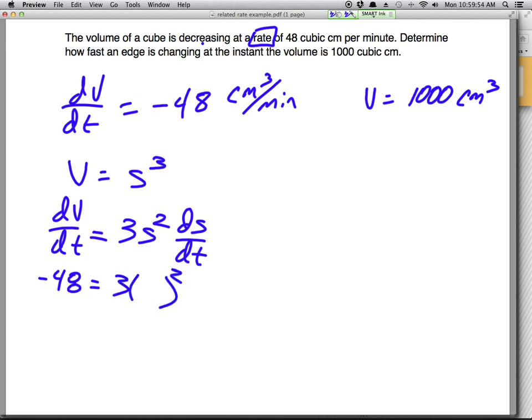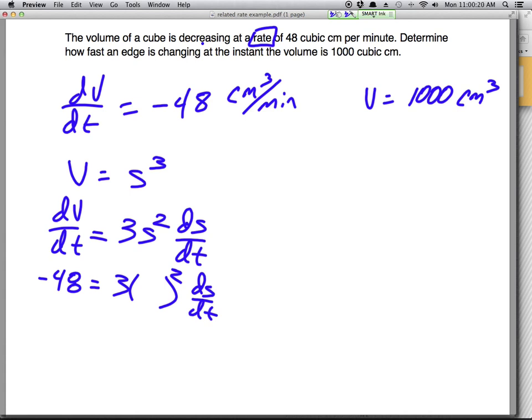I need something to plug in for s, and ds/dt is what I'm looking for. Well, you know that if the volume is 1,000, each side has to be the cube root of 1,000. Here's what I want you to understand: you need to always take the derivative, and then you plug in. If you don't have everything you need to plug in, you go back to the original equation to find it.